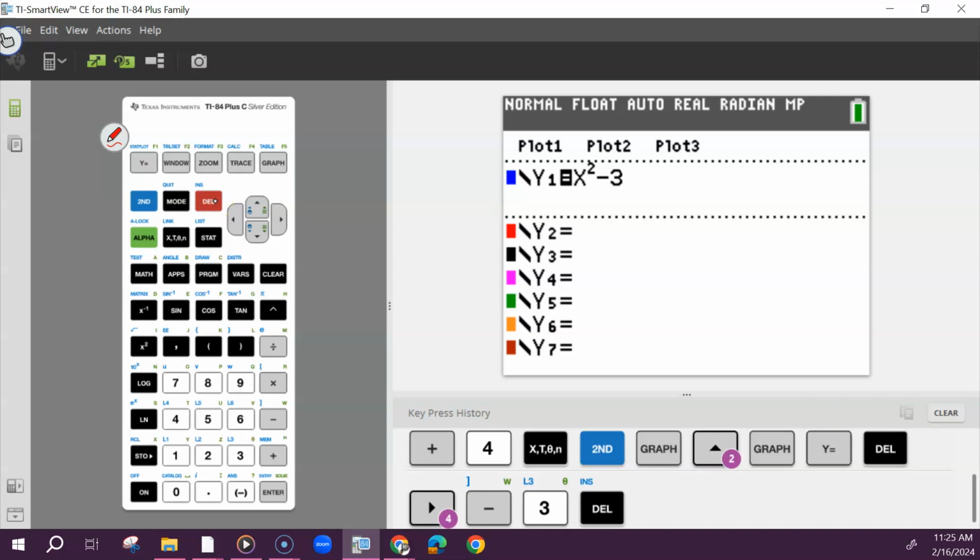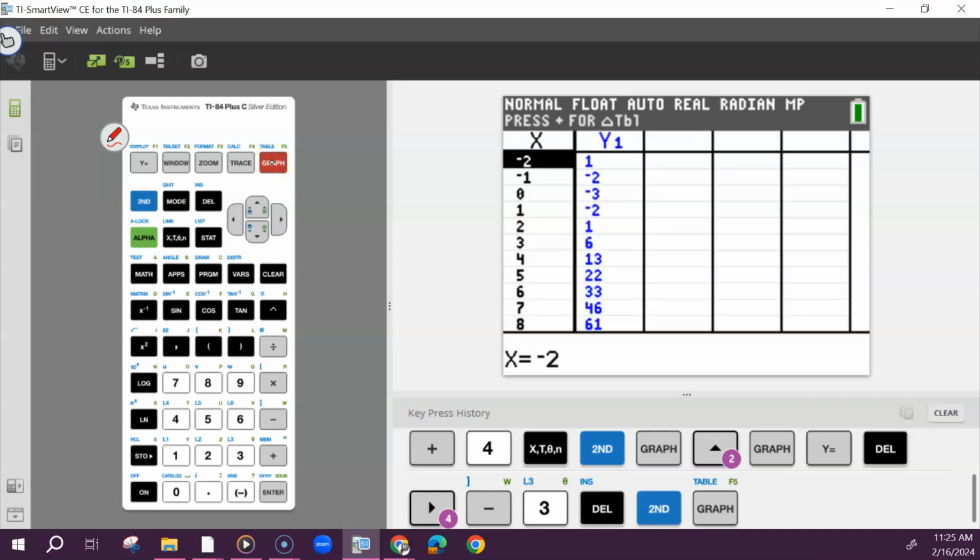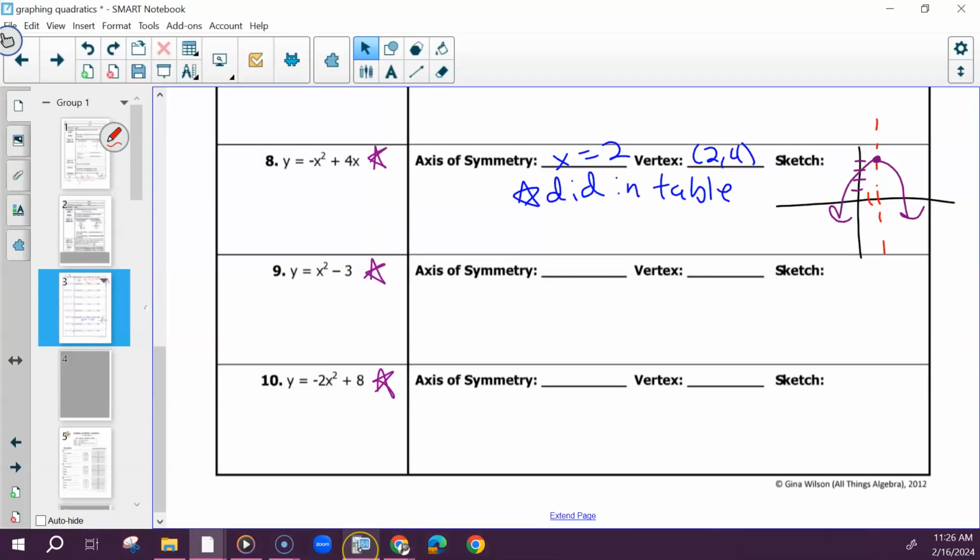Again, go back into your table, second graph, and look for where you see repeating y values. Where is the middle of that? Zero, negative 3. So we want that whole thing, the x and the y, because that would be our vertex.